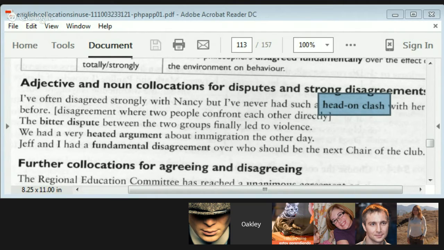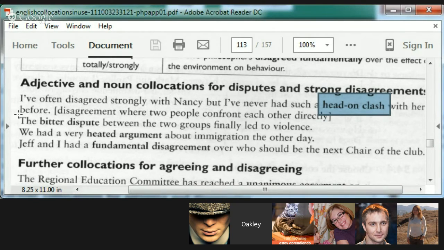But yeah, hopefully not. Usually a head-on collision or head-on clash is when people have something that continues for a while and then finally results in this argument. Not something as quick as on a bus. Probably you have arguments with people when you're driving or on a bus.